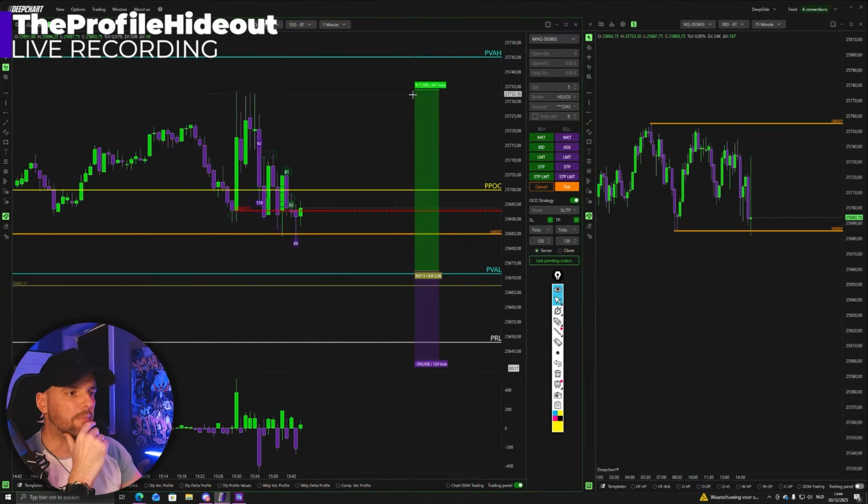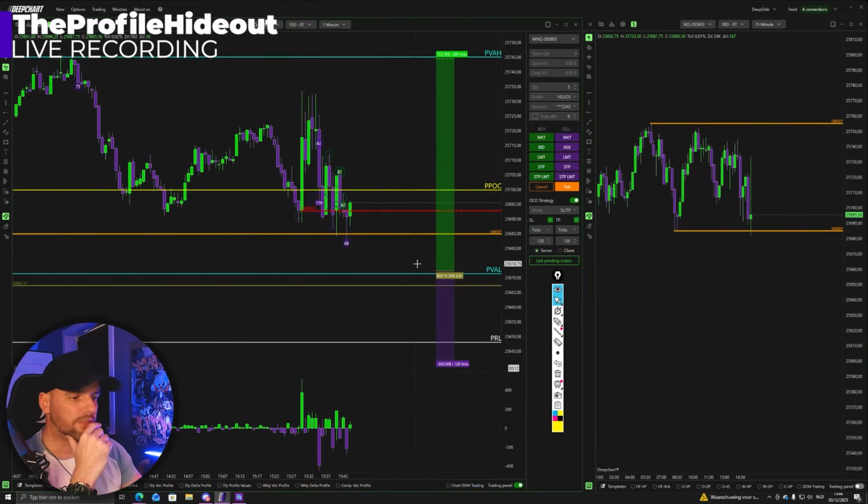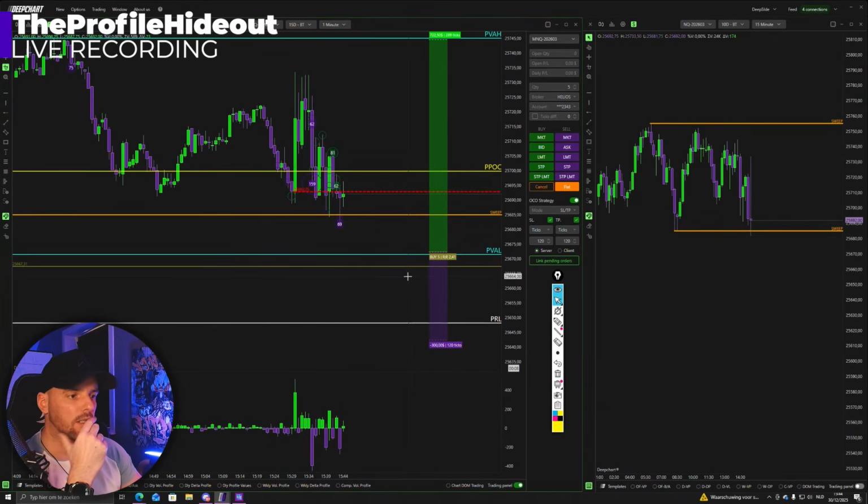Just using this measurement tool to see if my stop makes sense, or to give me a gauge of what my maximum stop is going to be. Is there any type of news?